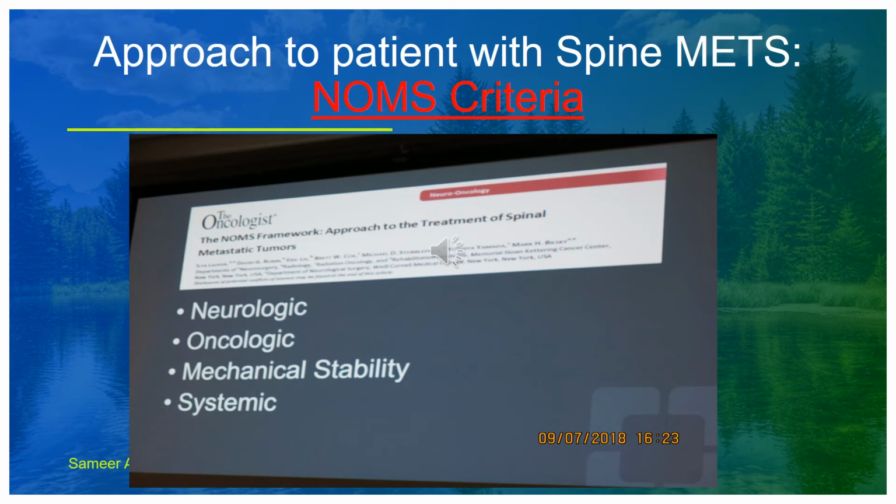Oncologic evaluation of the patient. This involves the sensitivity of the tumor to radiation, whether there is mechanical stability or instability in the spine, and systemic evaluation of the patient. These are what we call NOMS criteria. So the approach to a patient with spine secondaries is according to NOMS criteria, and we will elaborate on them now.